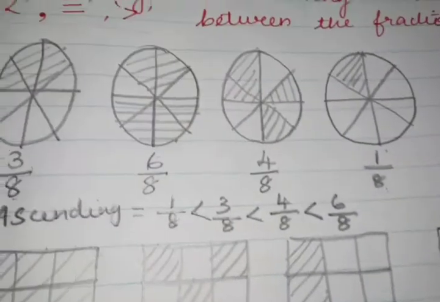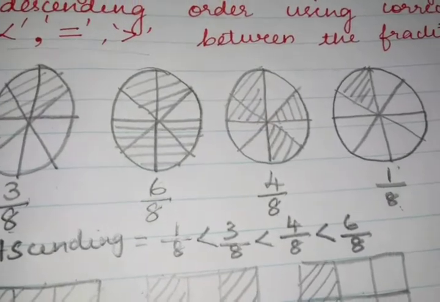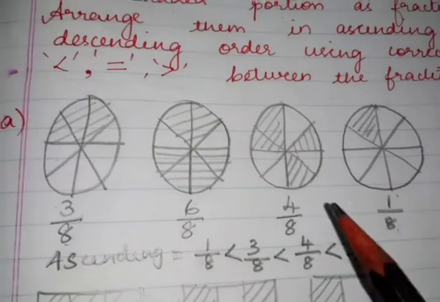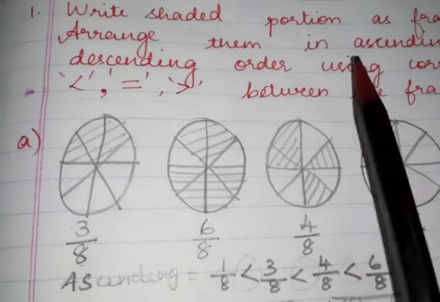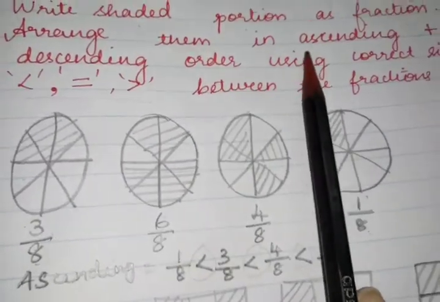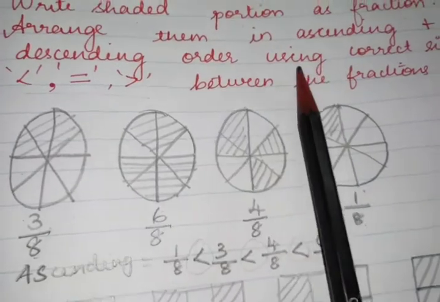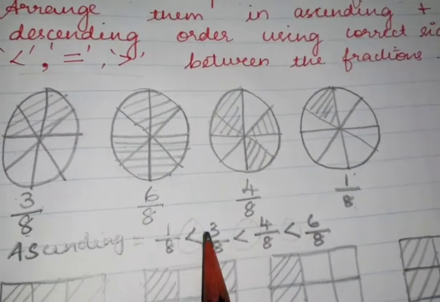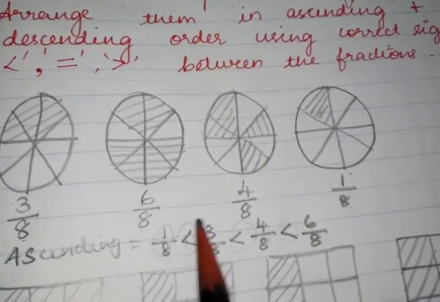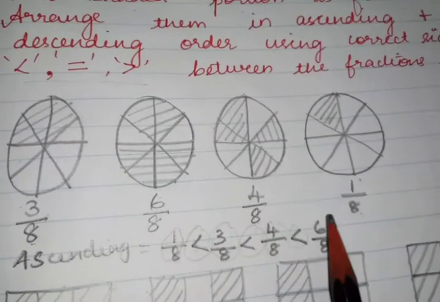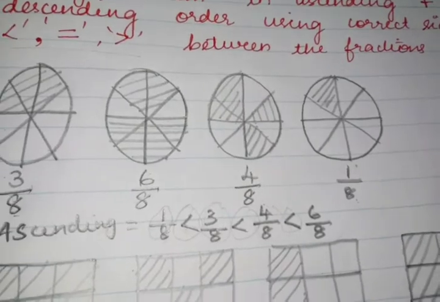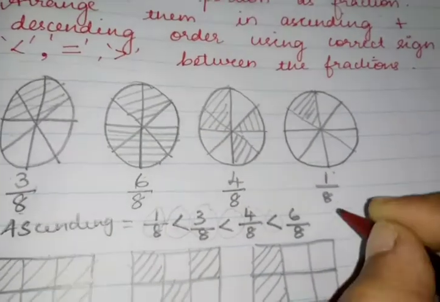So this is your proper ascending order. It is compulsory that you use this symbol, because they told you to arrange them in ascending and descending order using correct sign. 1 by 8 is less than 3 by 8, 3 by 8 is less than 4 by 8, 4 by 8 is less than 6 by 8.